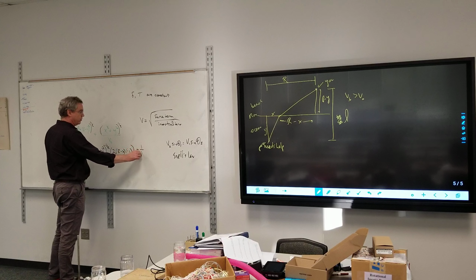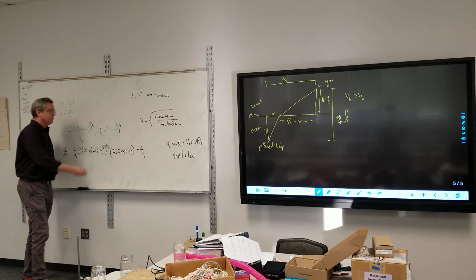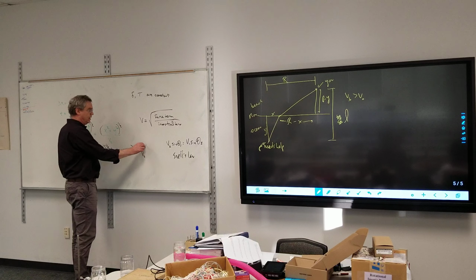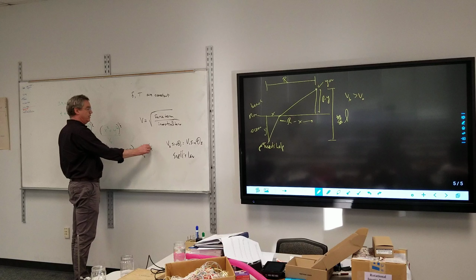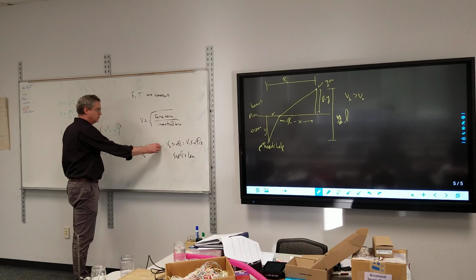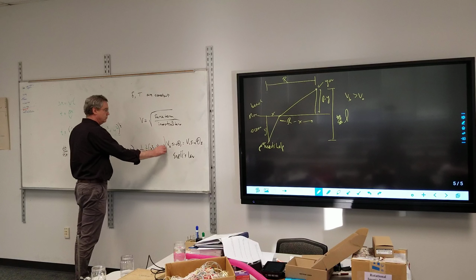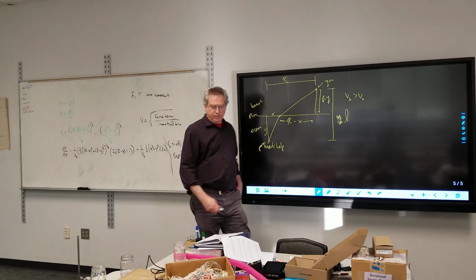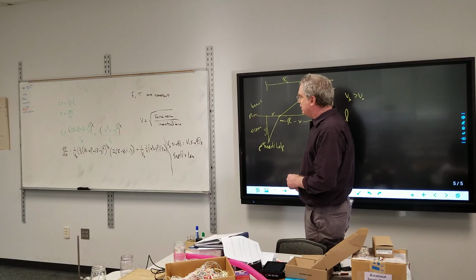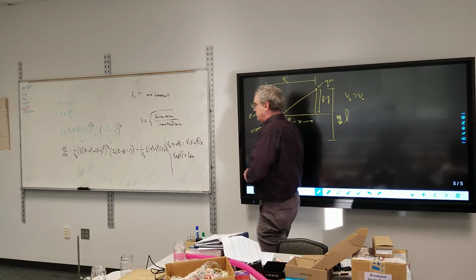Plus 1 over the speed in the ocean times 1/2 times (x squared plus y squared) to the negative 1/2, times 2x, equals 0.